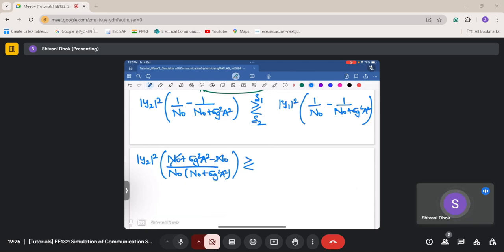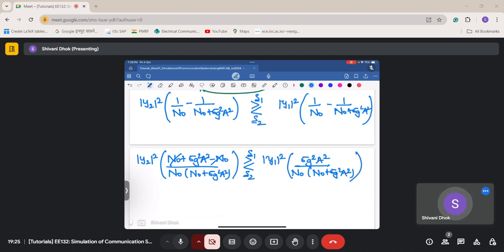So we have this n naught getting cancelled, then we have magnitude y1 square, then we will have same term here, sigma g square a square divided by n naught into n naught plus sigma g square a square.